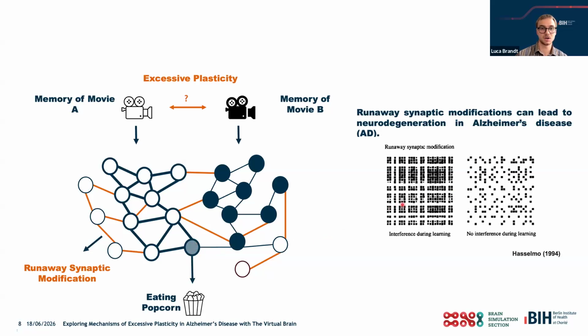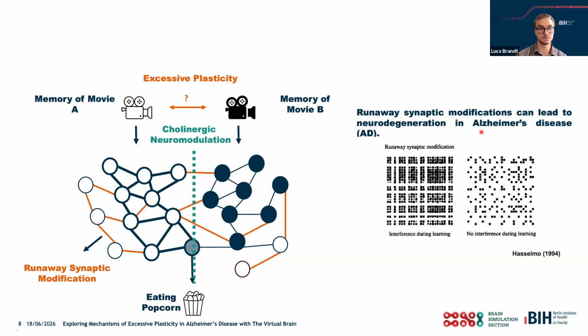There's an excessive amount of connections being established, as you can see here in the dense clusters. And without this interference during learning, it is just as the input that was given to the network. And Hasselmo links it to neurodegeneration in Alzheimer's disease. So I will show you now.